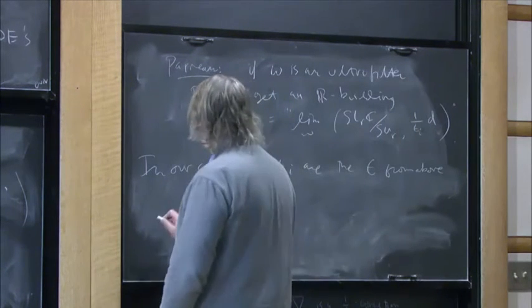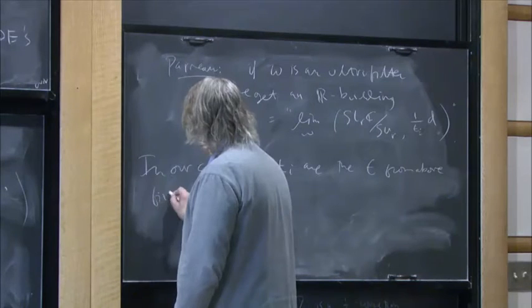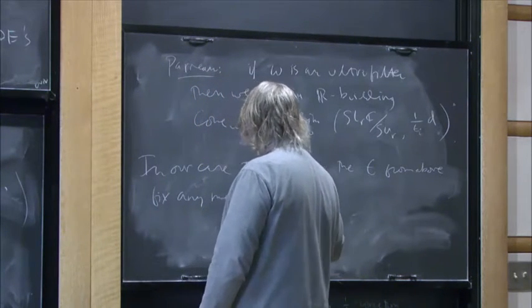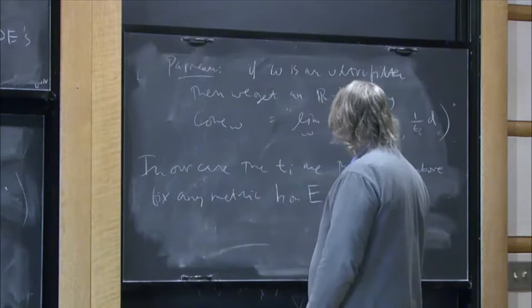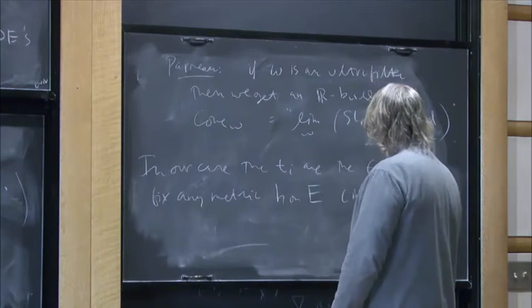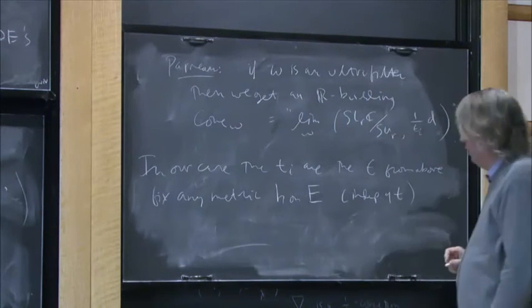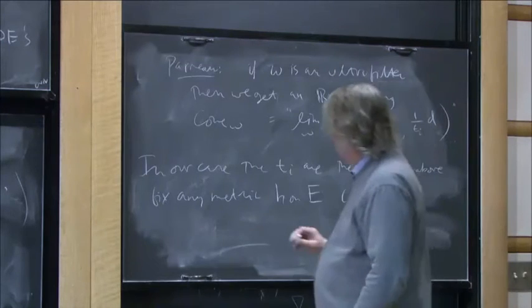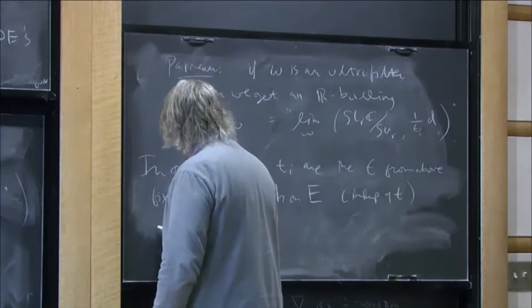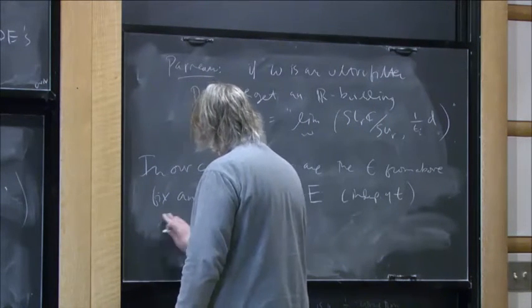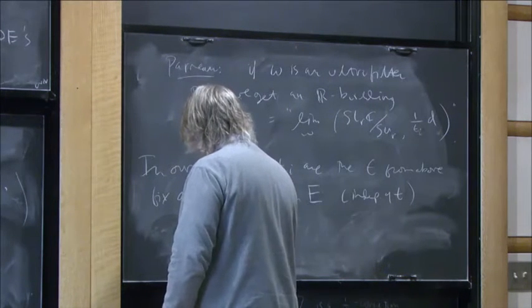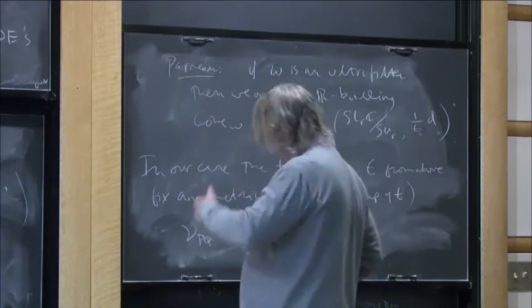Well, anyway, what we can do is fix any metric on the bundle E, independently of T. And then this allows us to define the exponent. Let's just write this down.